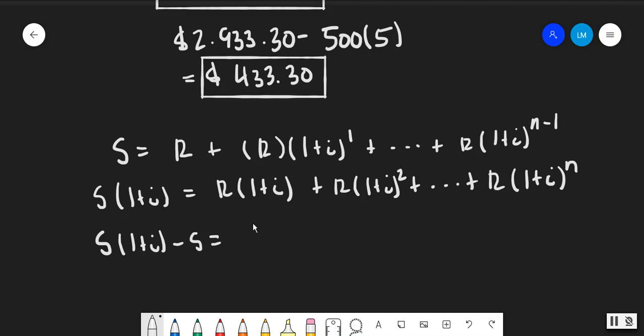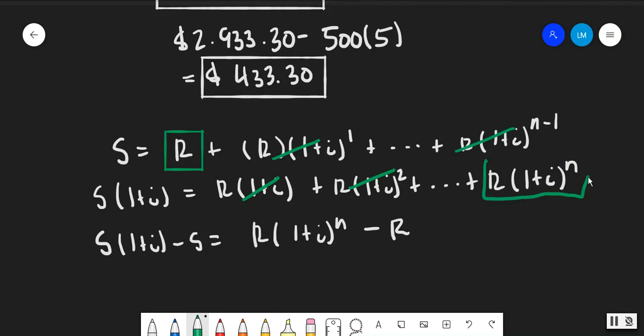So we'll end up with R times 1 plus I to the N minus just R. Okay, so in this case, just notice that these two cancel out. We can do that. So that cancels out, that cancels out. So everything cancels out leading up to these last two. So we're left with the difference of these two, the R and this amount right here.